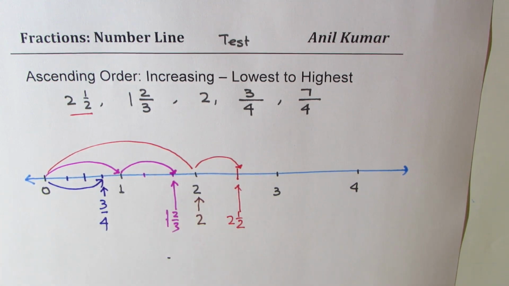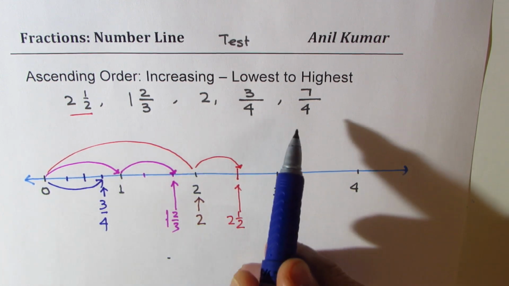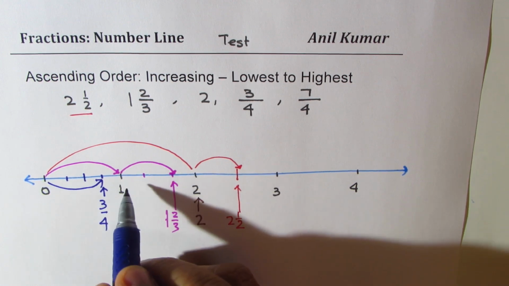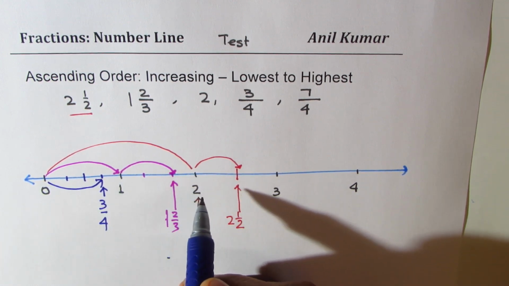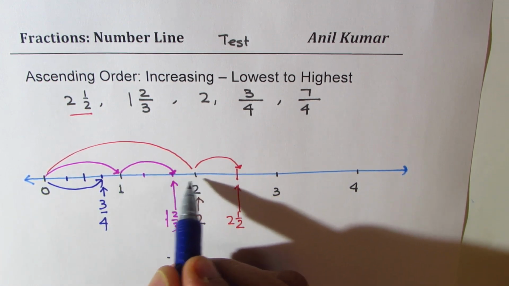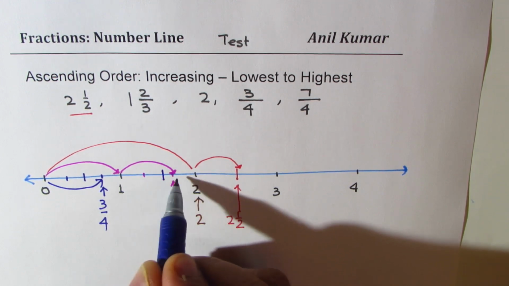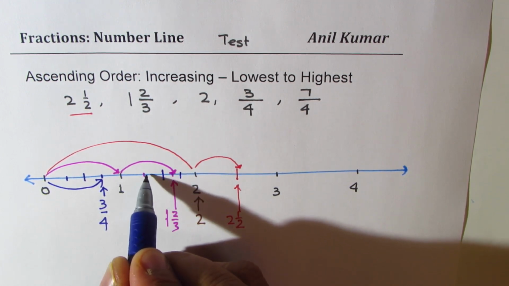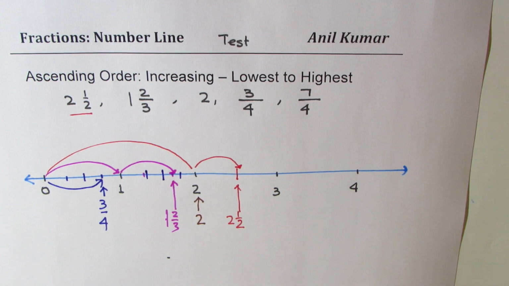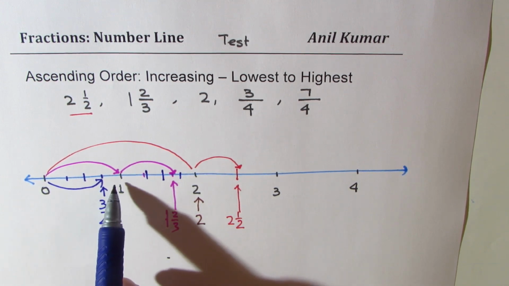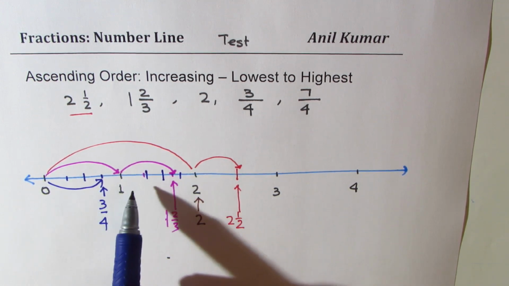The last number here is 7/4. Now how do I get 7/4? So what I will do here, we have made quarters, we'll continue with these quarters, correct? So let's say this is half of this and half of half, kind of. Do you see that? Is it okay? So we got quarters here, 1/4, 1/4.